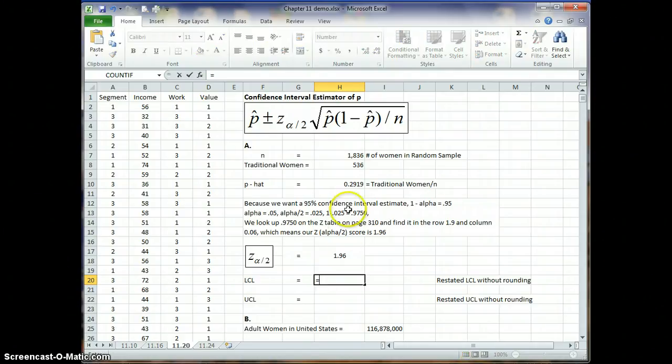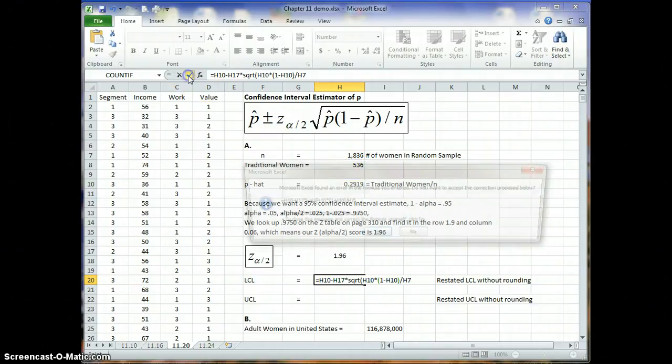We're going to go equal to p-hat minus z times the square root of p-hat times 1 minus p-hat again, which is that H10, divided by n, which is the 1836, and we hit enter.